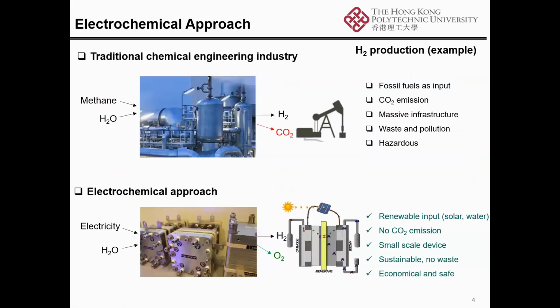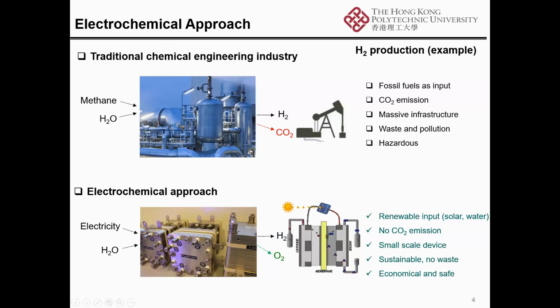In recent years, the electrochemical approach has been well developed to produce some chemicals. As compared with the traditional chemical approach, it has a lot of advantages. The first one is that it is very small as compared with such large equipment.